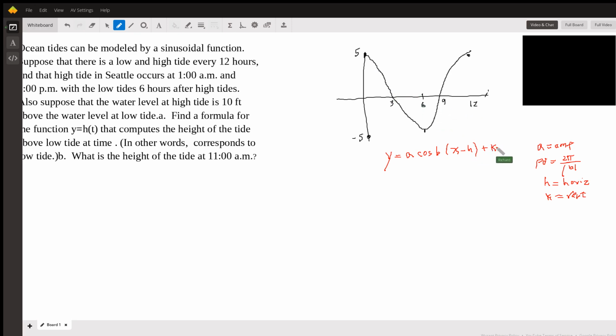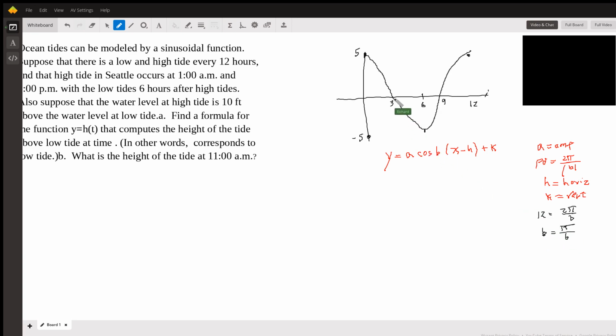So h and k are 0, and we don't have to worry about them. We do have to get b. The period is 12, so 12 is equal to 2 pi over b, and so b is going to be equal to pi over 6.